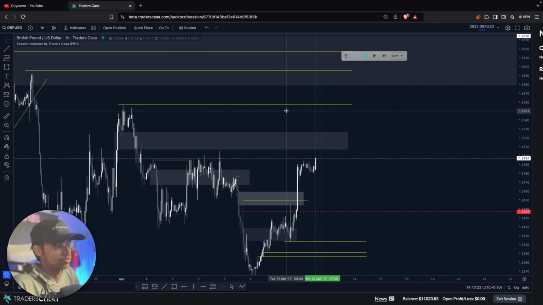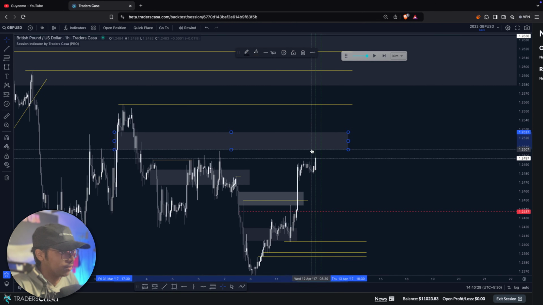At least on Wednesday it should go in the direction where we want it to. Bigger time frame imbalance. Okay, the inverted fair value gap is this.